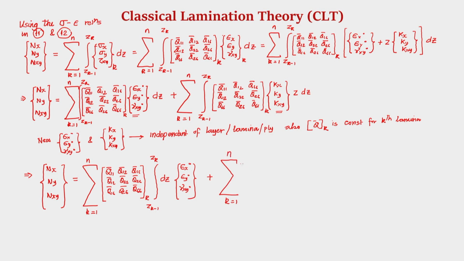Again we can take this Q matrix out, for the kth layer, integration from z k minus 1 to z k, that means, for the kth layer this is now z dz, and this curvature is independent of layer. So, this is taken out.